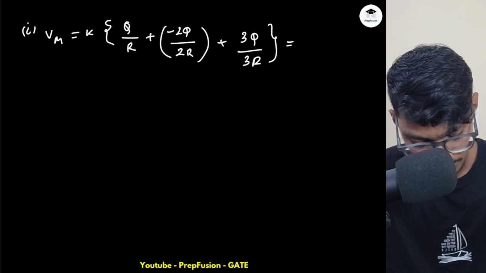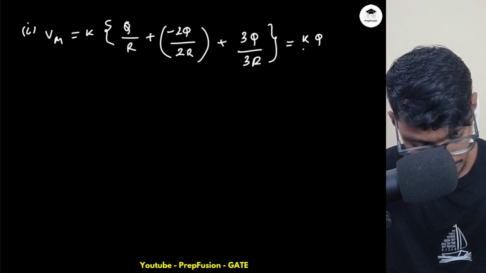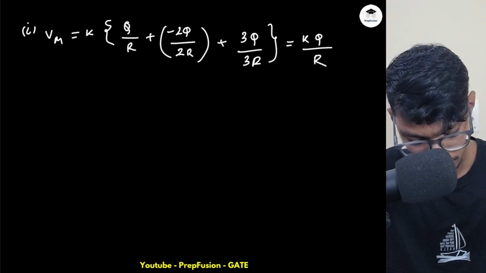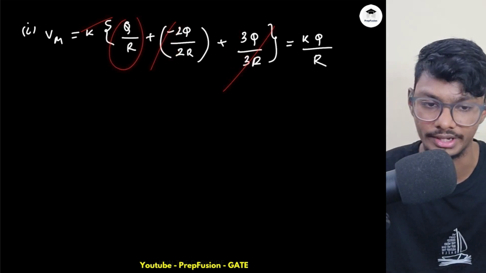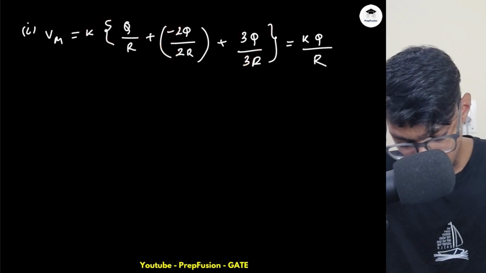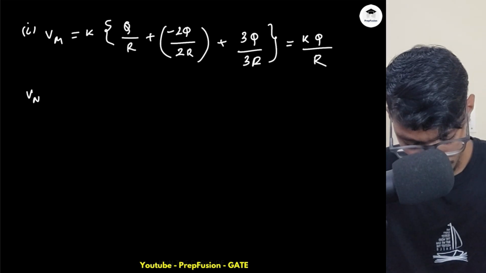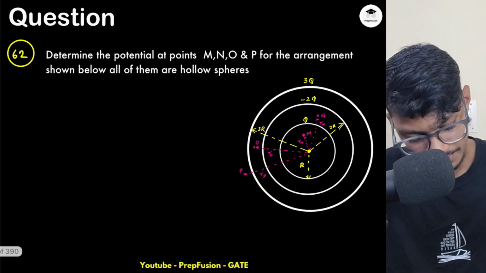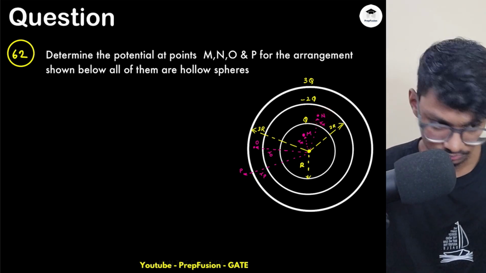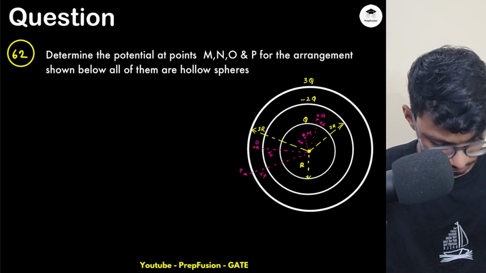So overall this becomes KQ by R, because this 2 gets cancelled, this 3 gets cancelled, only KQ by R. Now what about the endpoint? So at point N, what will be the case?